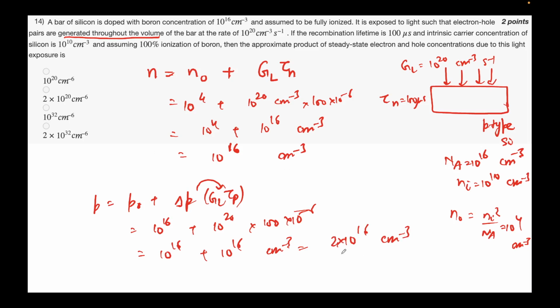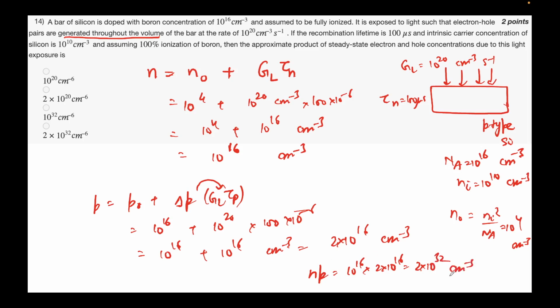This is not a low level injection, mind you, because the holes that you are injecting are similar to Na. Remember that low level injection has to be much smaller. This is not a low level injection. And you can clearly see, if you try to find n into p, 10 to the power 16 into 2 into 10 to the power 16 comes out to 2 into 10 to the power 32.